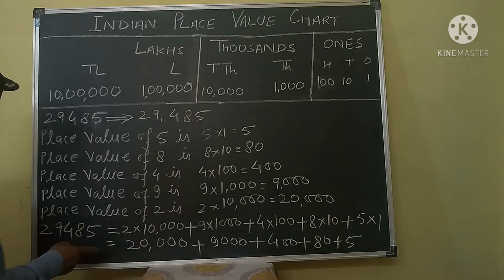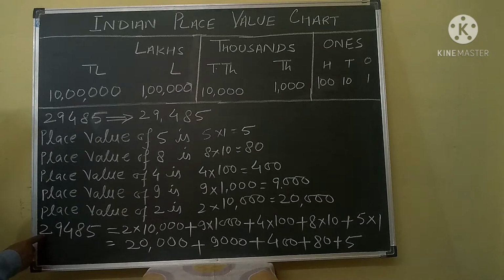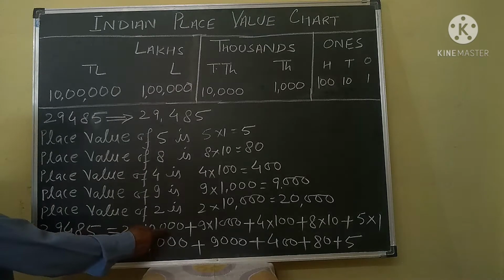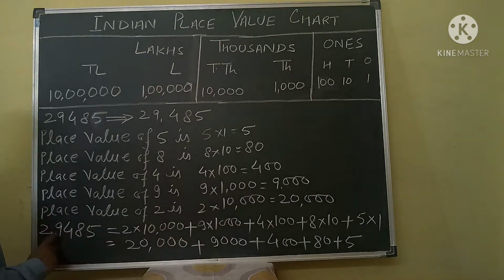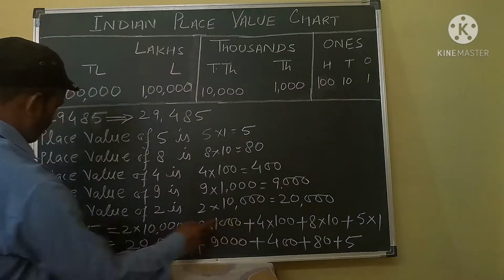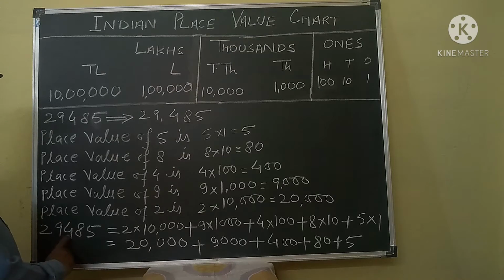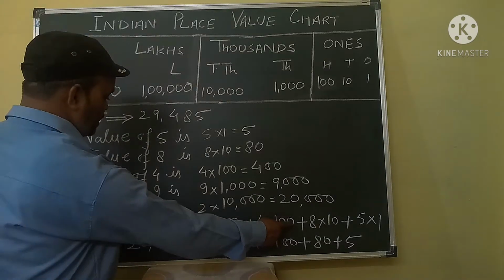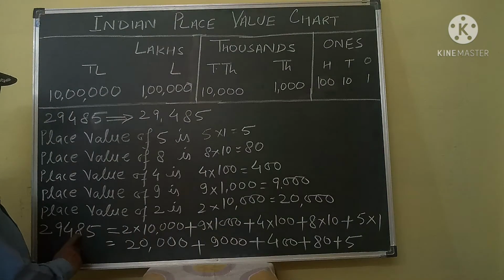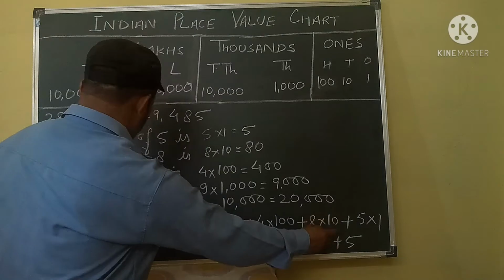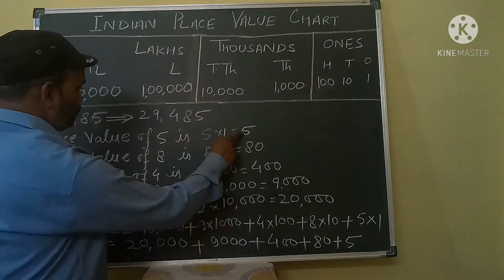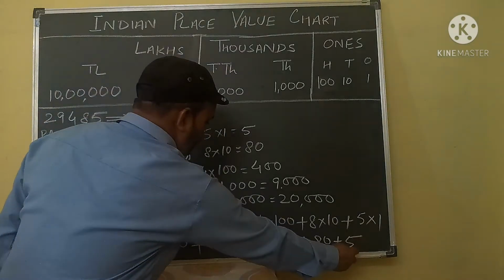2 is in 10,000 place, so 2 into 10,000, plus 9 is in thousand place, 9 into 1000, plus 4 is in hundred place, 4 into 100, plus 8 is in tens place, 8 into 10, plus 5 is in ones place, so 5 into 1 is 5.